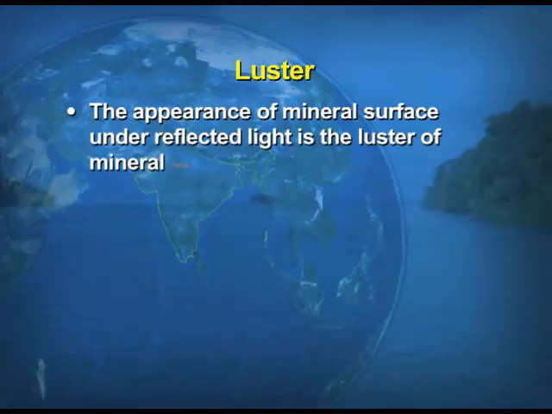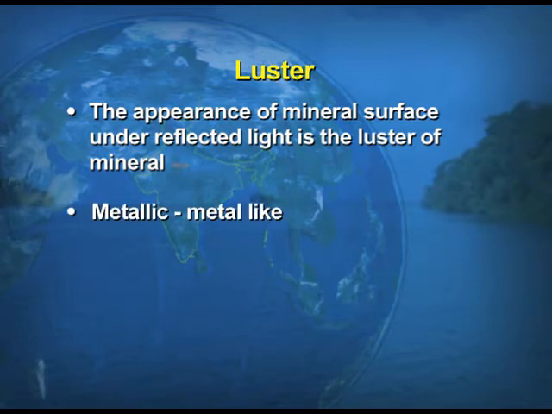Now, the second property of the mineral is the luster. Luster means the shine, how the mineral shines. The appearance of the mineral surface under reflected light is known as the luster of the mineral. Normally, we use terms like metallic luster, that means it is like a metal.